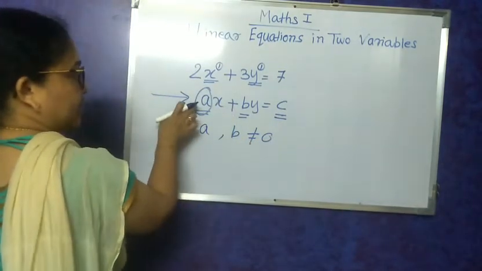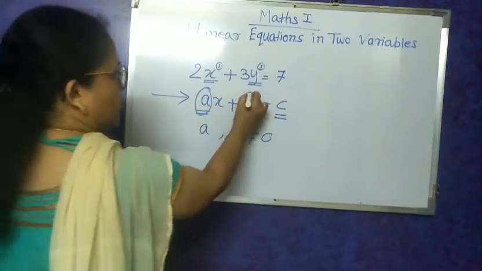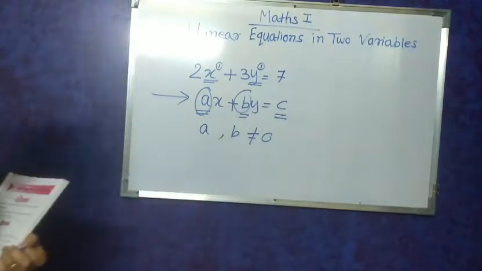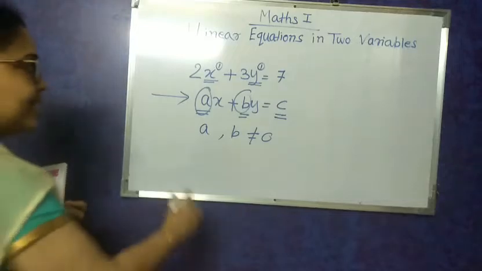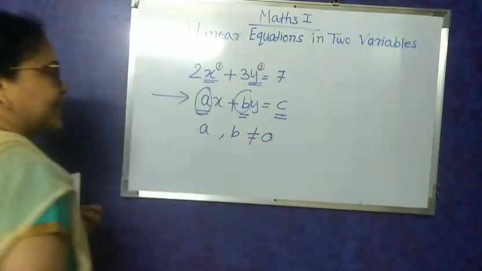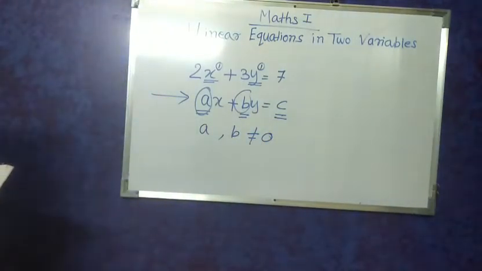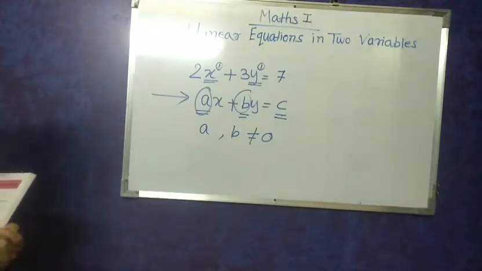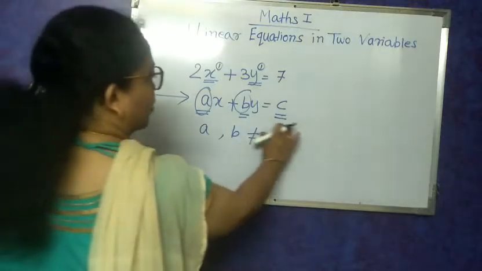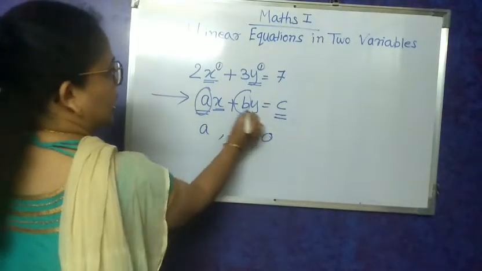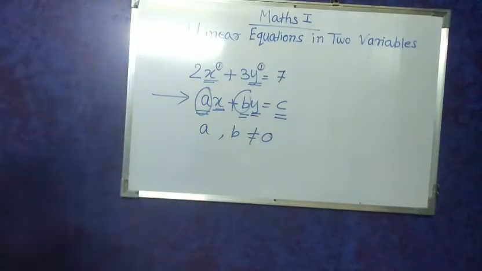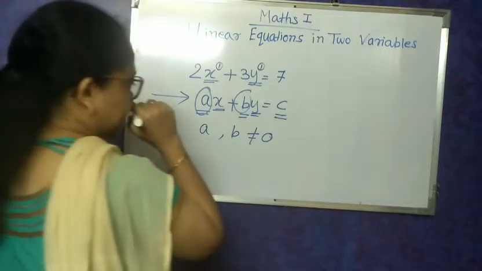Whatever the coefficients of x and y are, they won't be 0. And it should be any real number, that means positive, negative, any number. Or if it is a fraction, then also it's okay. So this is the standard form of a linear equation with two variables.